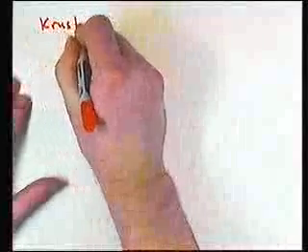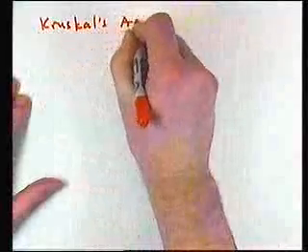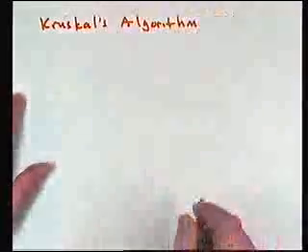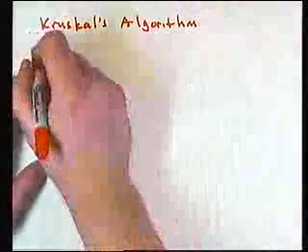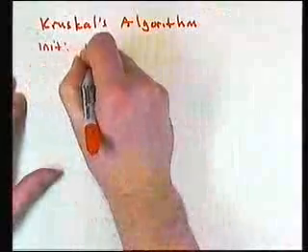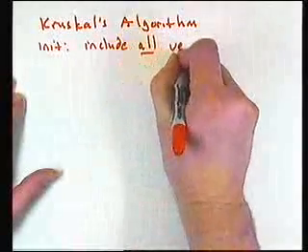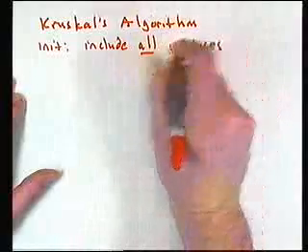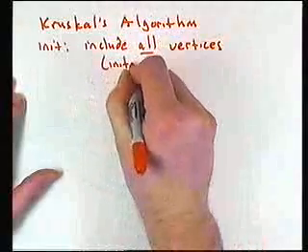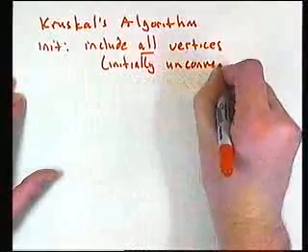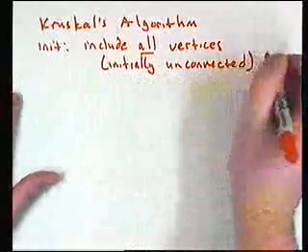The other algorithm is known as Kruskal's algorithm. And likewise, it's a greedy algorithm, but it works a little differently. The initialization step here will be to include all vertices, which means initially things will be unconnected.